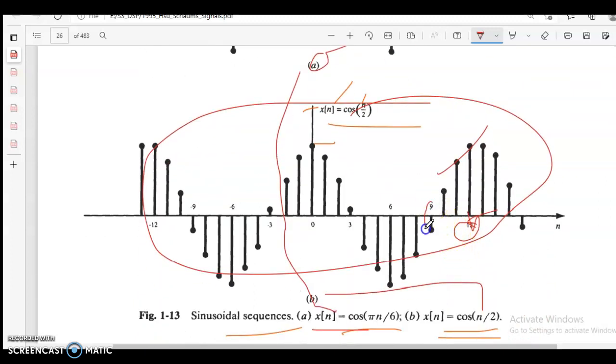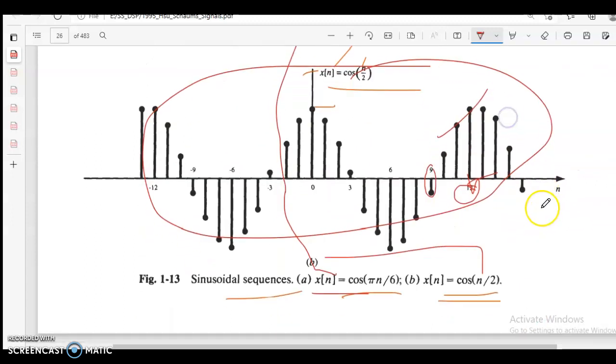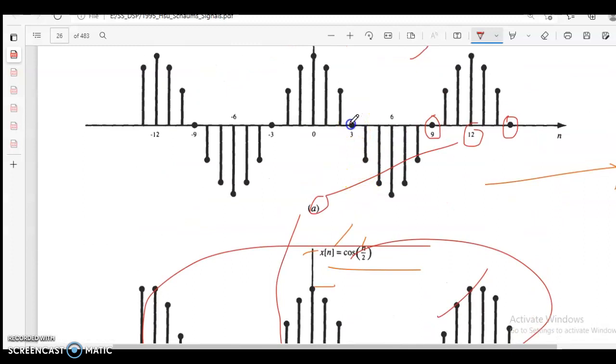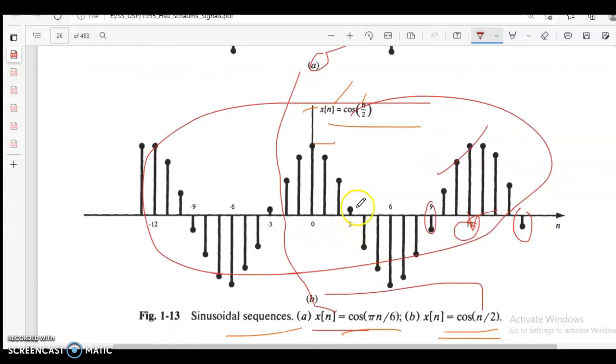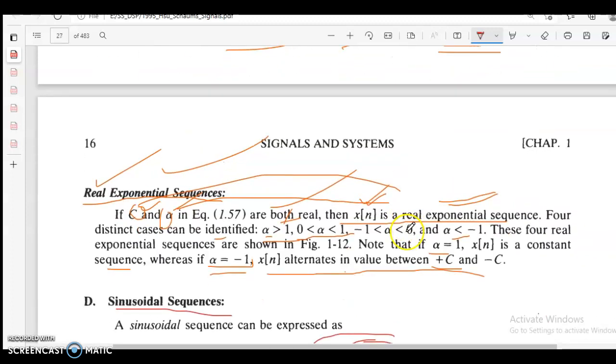Here 0 is not coming, while here it is coming. That's why it is periodic. This is the difference. Remaining all are the same. That's all.